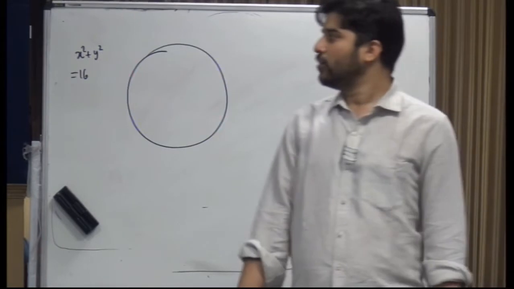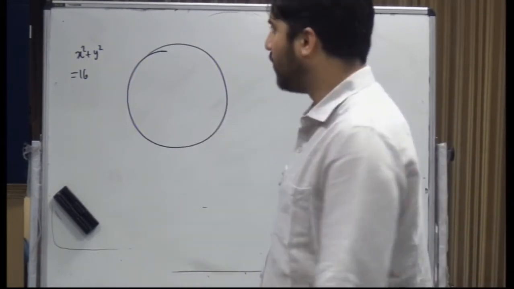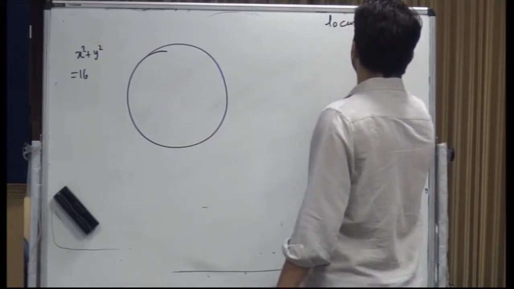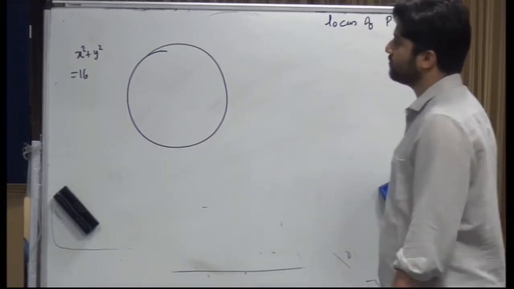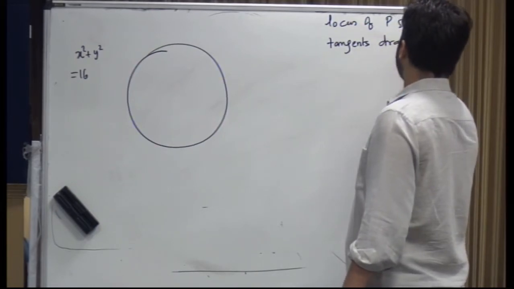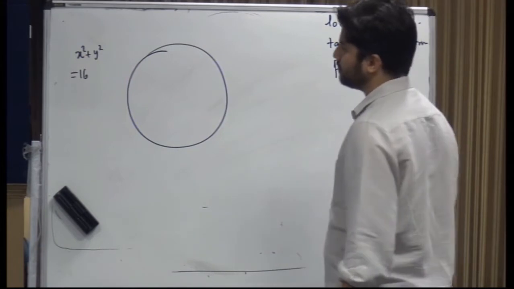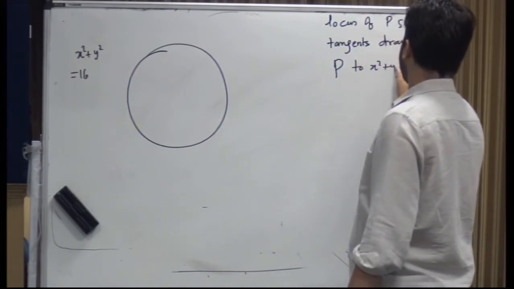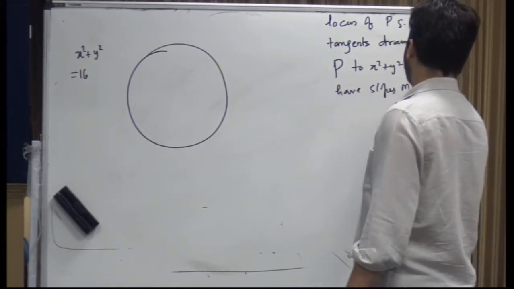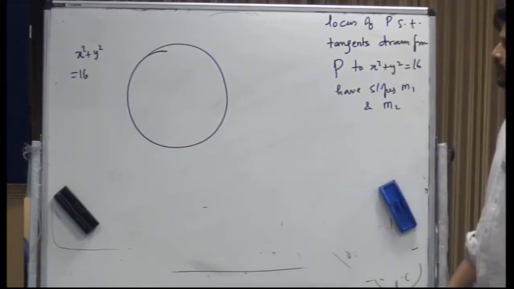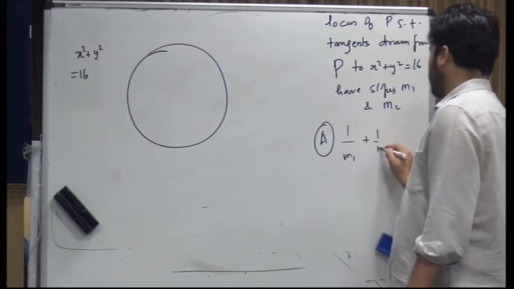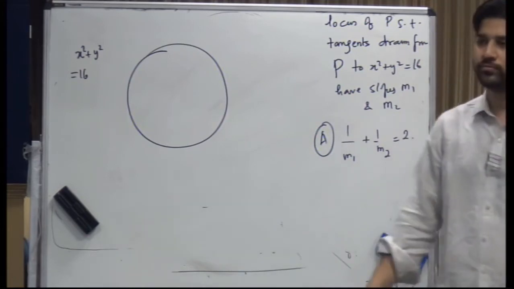You have to find the locus of P such that tangents drawn from P to x square plus y square is equal to 16 have slopes m1 and m2, and condition is given 1 by m1 plus 1 by m2 is equal to 2, right?